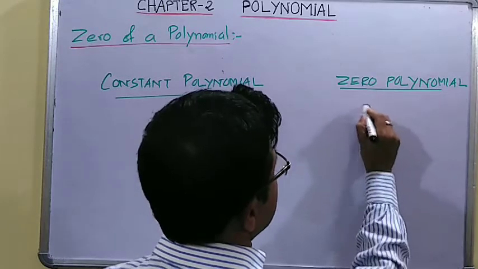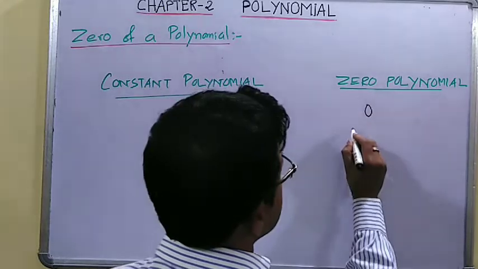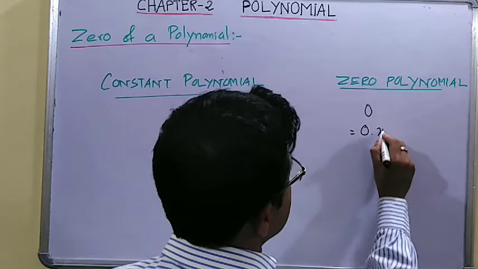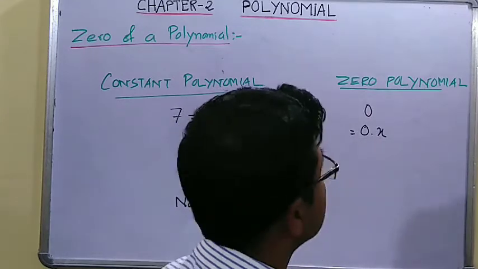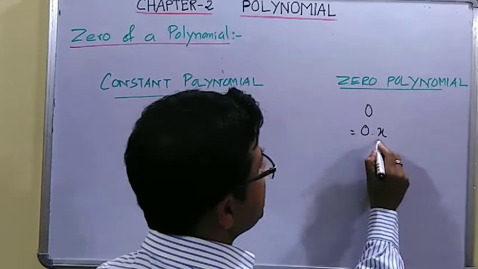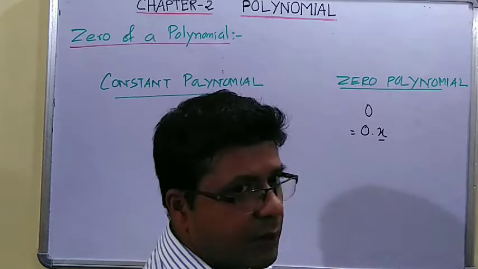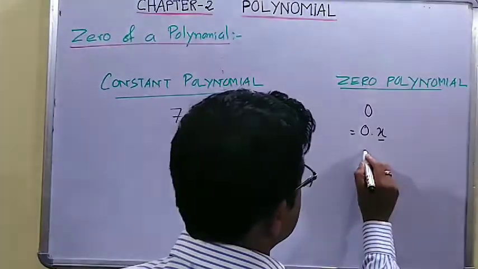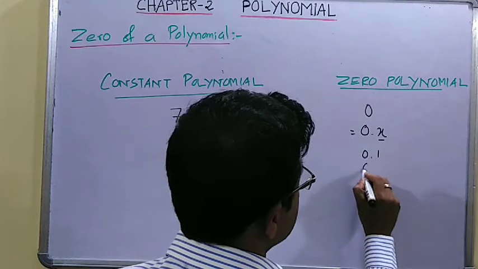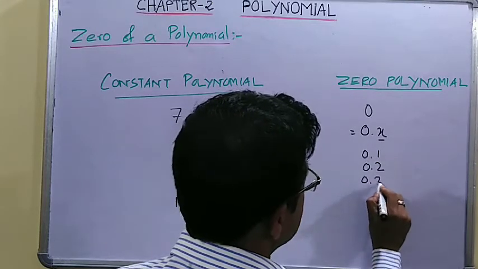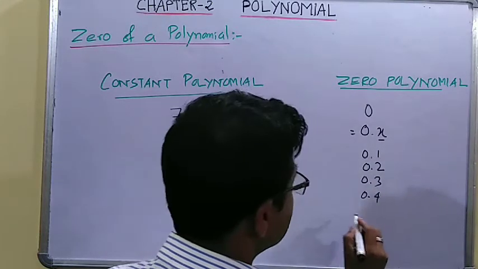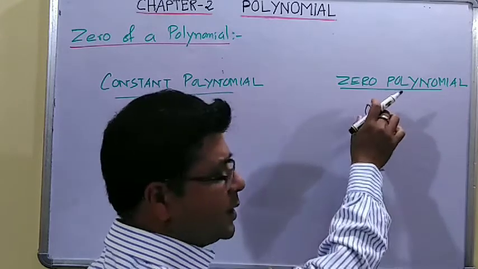Now the 0 polynomial is 0. 0 can be written as 0 into, suppose, x. Now in place of x, what do we want to put? You can put 1, you can put 2, you can put 3, you can put 4, anything. The value will remain 0 only.